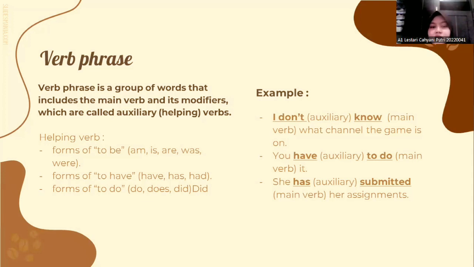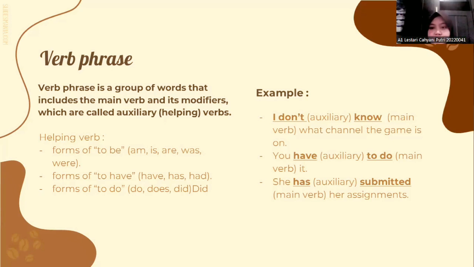In this verb phrase, the modifier is called auxiliary or helping verb. So the helping verb is form of to be, form of to have, and form of to do. In the form of to be, they are am, is, are, was, and were. In form of to have, there are have, has, and had. And last, form of to do, there are do, does, and did.